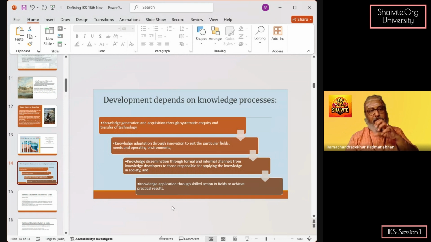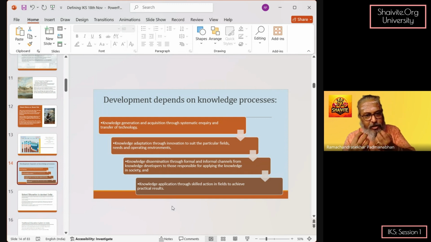Without having a good and robust knowledge-centrism in the society, prosperity to this scale is impossible. Normally, when we look at this dependency, we see that knowledge as a process has four stages.